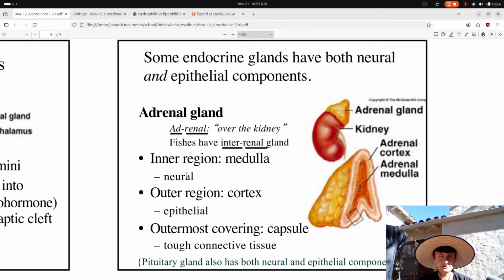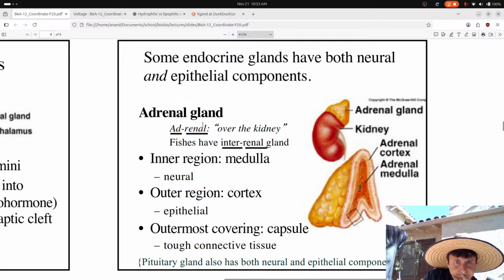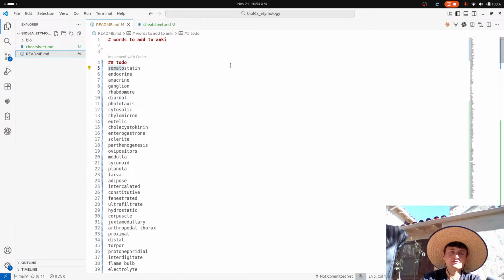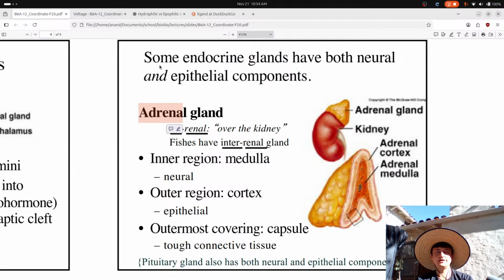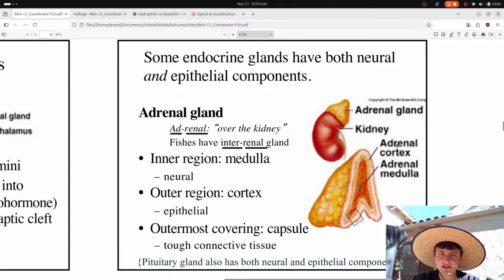Some endocrine glands have both neural and epithelial components. Ooh, I never actually noticed that. Adrenal? I thought it was one thing. Adrenal. A medulla and a cortex.